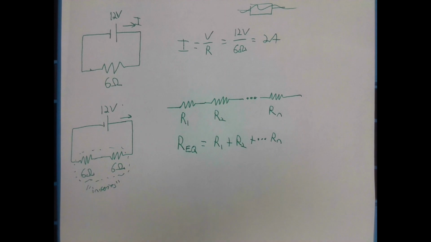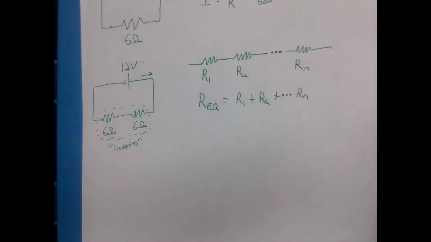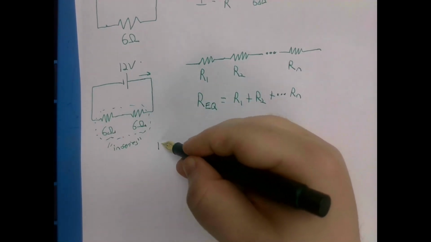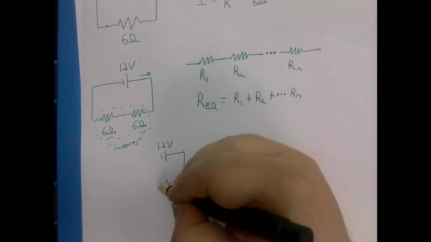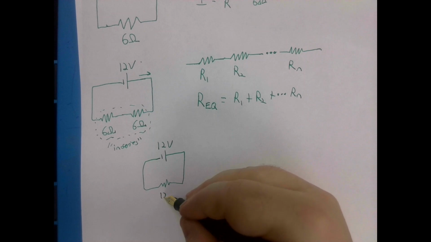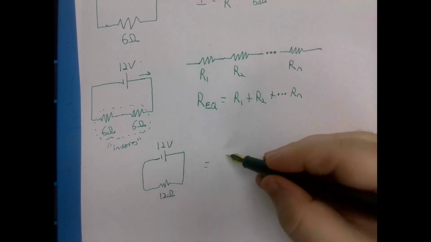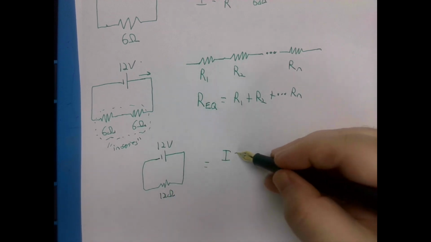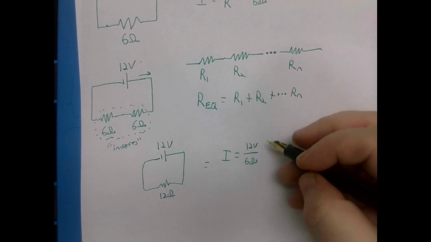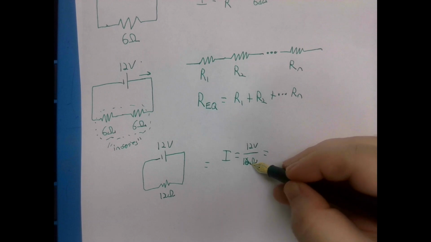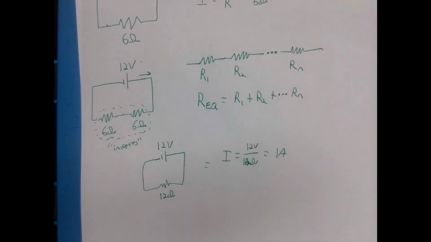You just add them together. So these two resistors can be replaced with a single resistor of 6 plus 6 is 12 ohms. And then we have current is equal to 12 volts over 12 ohms, which would give you 1 amp.